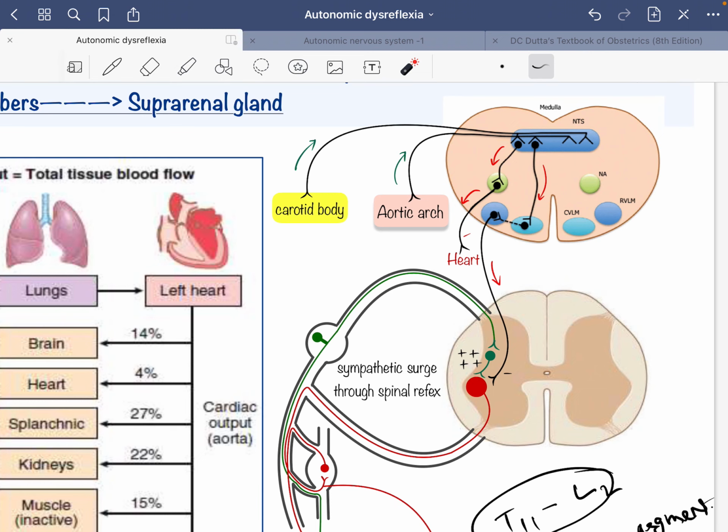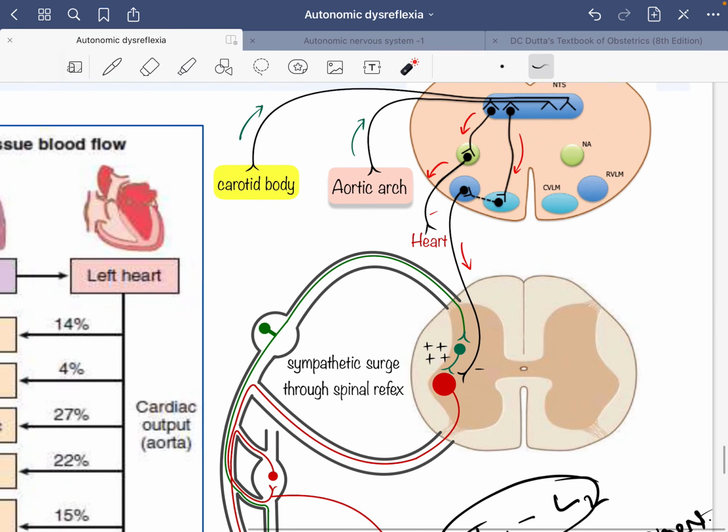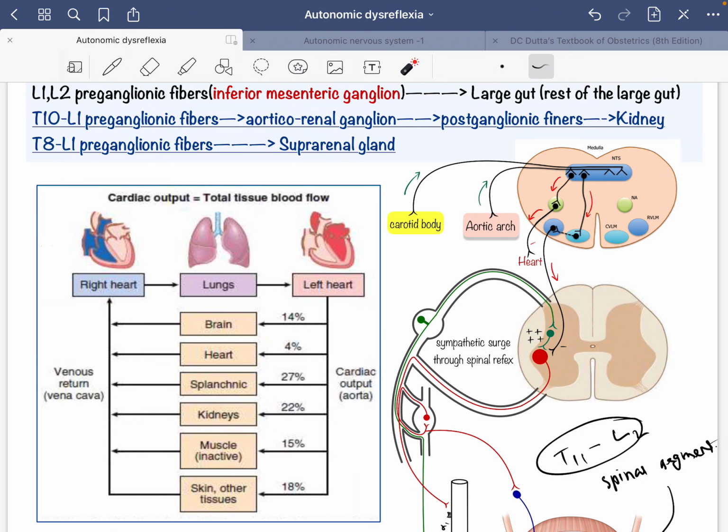Okay, that means whenever our blood pressure increases due to this distended bladder, the peripheral baroreceptor detects this and calls the brain to take appropriate steps to control the increased pressure. That's why our vasomotor center will start to release the inhibitory neurotransmitter over the lateral horn cells. That's why our higher center, that means medulla, will try to close the reflex arc. That's why blood pressure increases, but not so much.